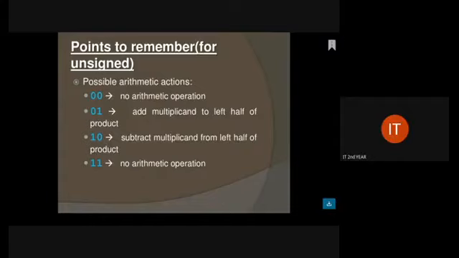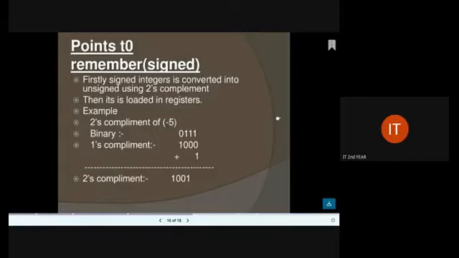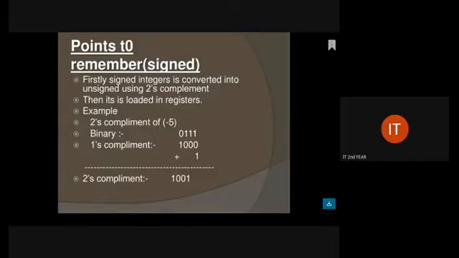While for 0 1, in our unsigned multiplication process, we have to add the multiplicand to the left half of the final product, whereas 1 0 is the opposite, that is, we have to subtract the multiplicand from the left half of the product.